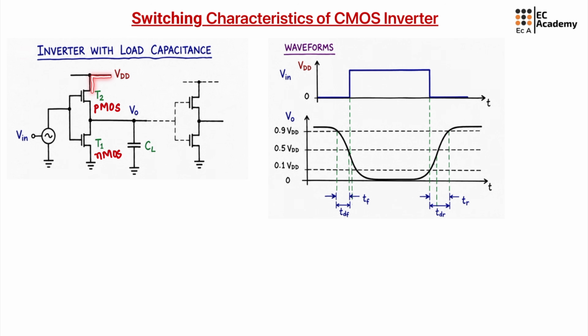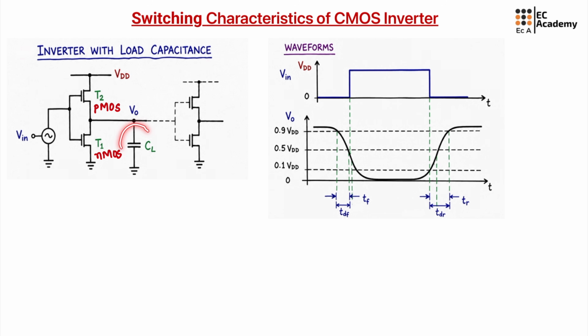The source of PMOS transistor is connected to VDD and the source of NMOS transistor is connected to ground. Both transistors' gates are connected with the input, which is Vin. The drains of PMOS and NMOS are connected together and the common point is the output voltage, which is V0.